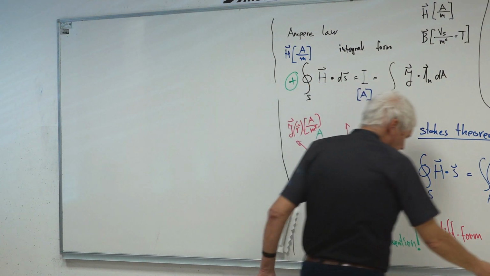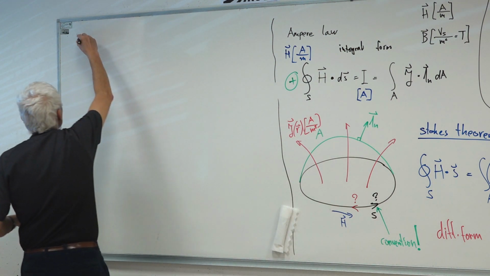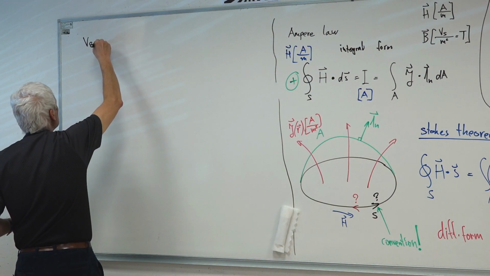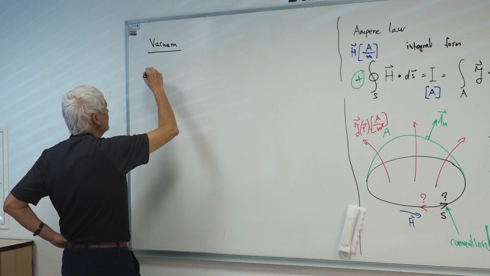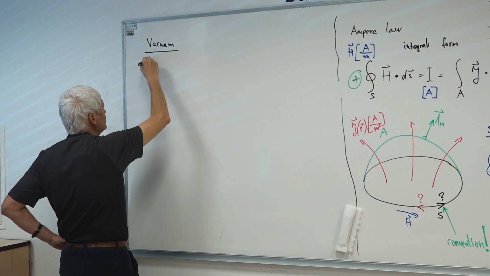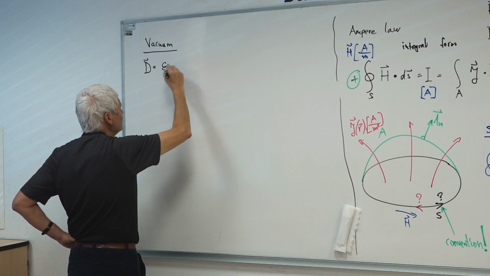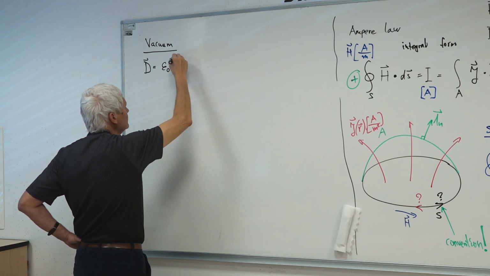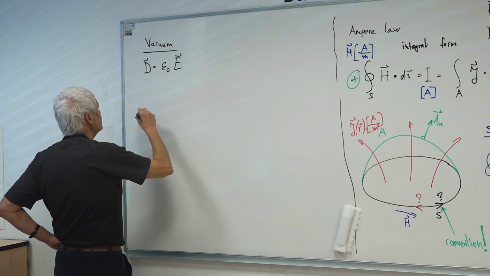So in vacuum, what do we have? We have the electrical displacement is equal to the permittivity of free space times the electric field. And this permittivity in this case is a scalar, it is not a tensor.